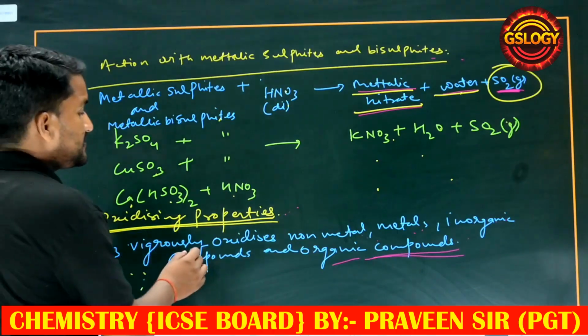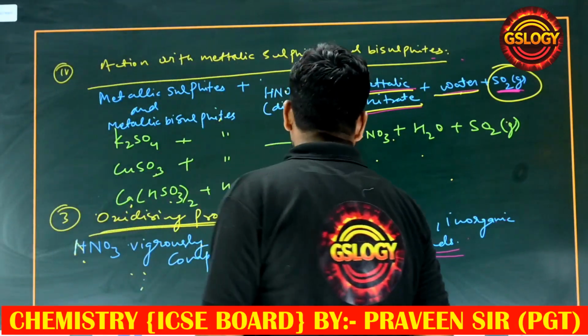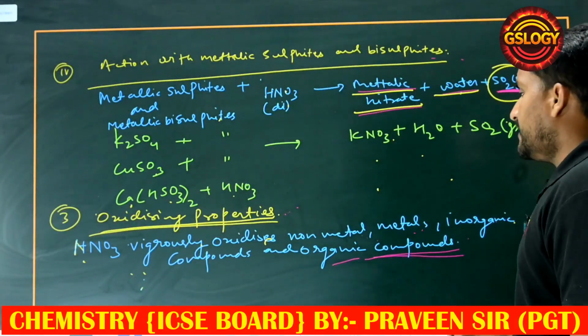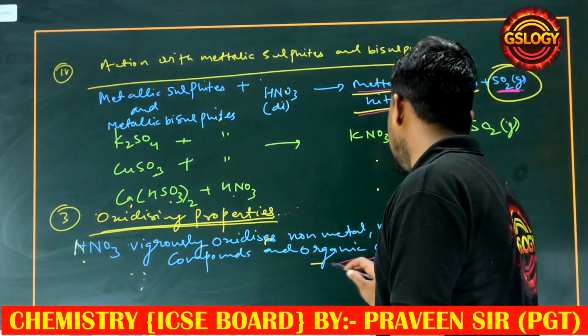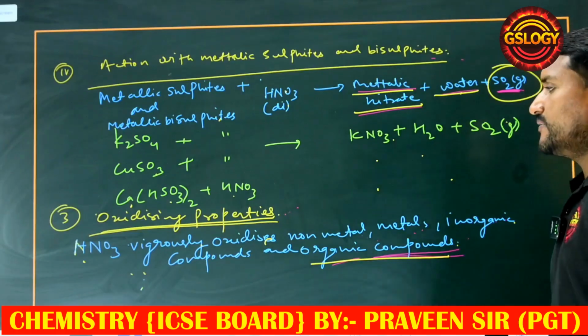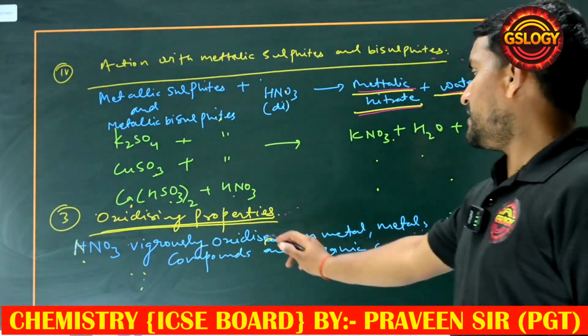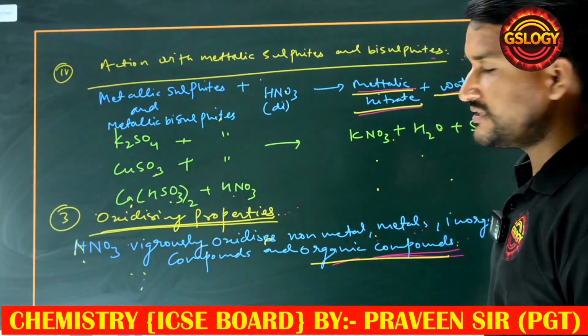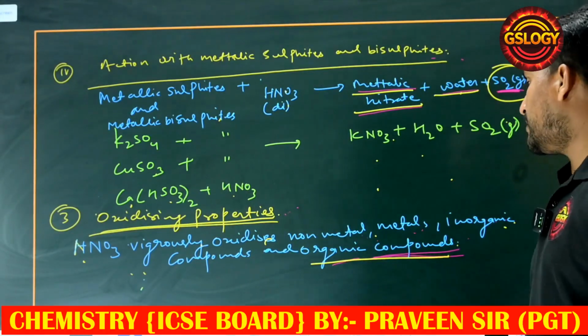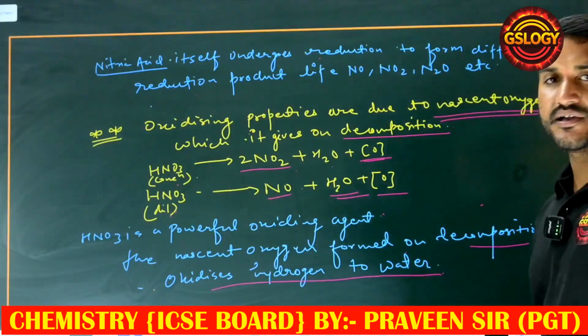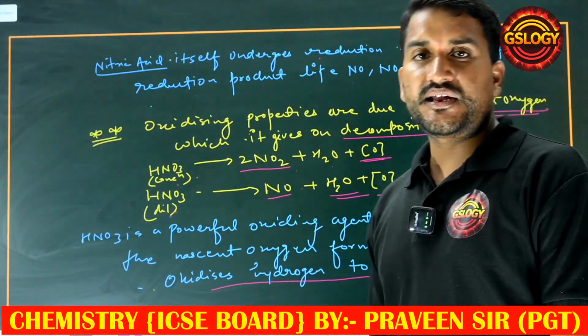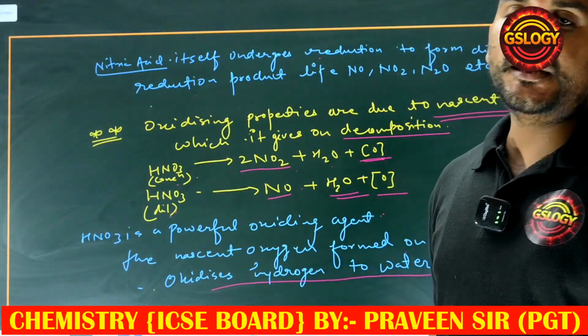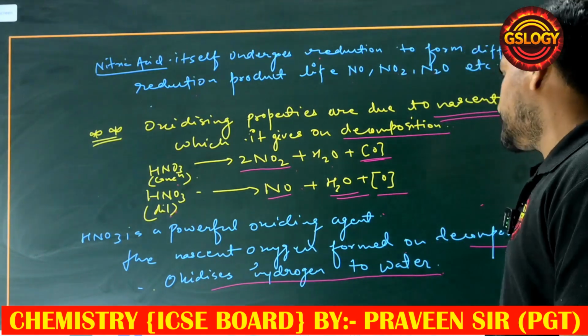Oxidizing properties of nitric acid. Nitric acid vigorously oxidizes non-metals, inorganic compounds, and organic compounds. It means nitric acid is a highly oxidizing agent.